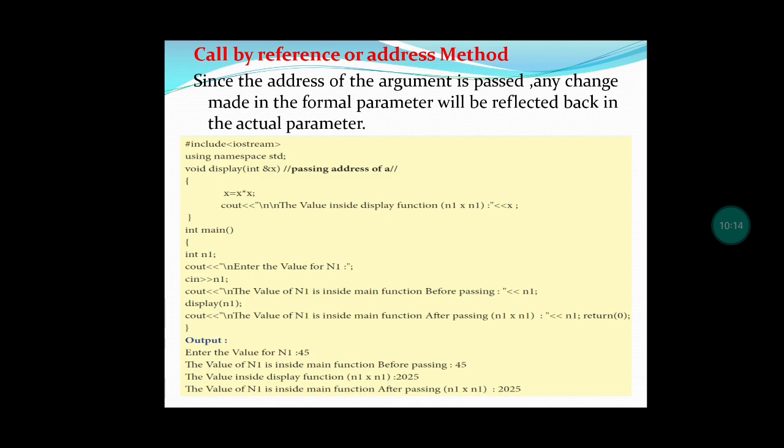So the actual parameter also changed, because the address for the actual parameter and formal parameter will be the same. So if you change 45 into 2025, the value will be 2025, not 45. So this is called the call by reference method.